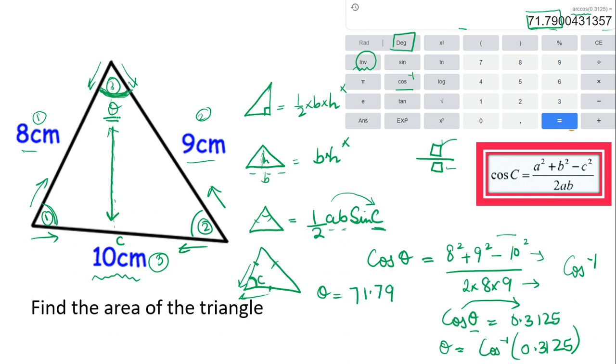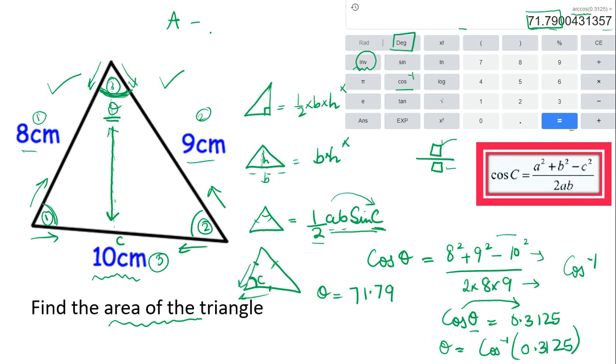So now that I have 71.79, that means that my theta is equal to 71.79. Now that I have my angle, coming back to the original question that says find the area of the triangle, and as already discussed, we're going to be using half ab sine C for that. And since this is the angle, the theta that I found, the lengths corresponding to that are 8 and 9 centimeter. So I'm just going to be writing stuff down.